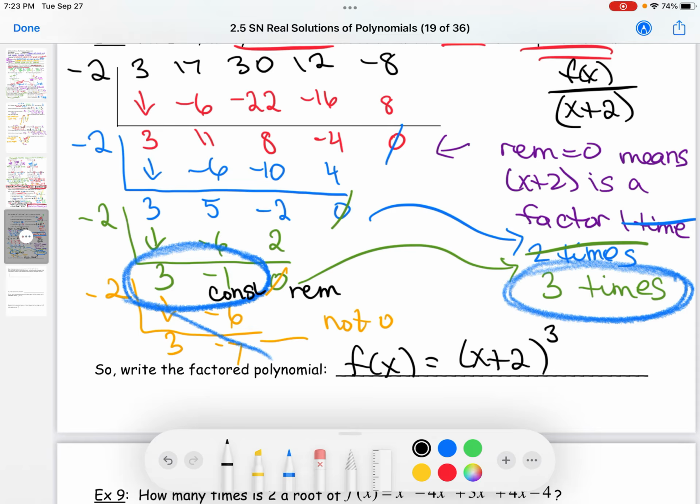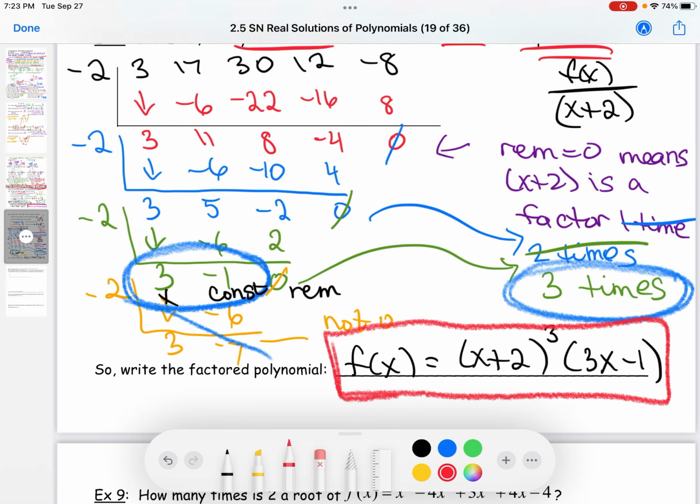That 0 was the remainder. That -1 was the constant. That 3 is the x. So that's where 3x minus 1 comes from. And this is another way to get to that factored form.